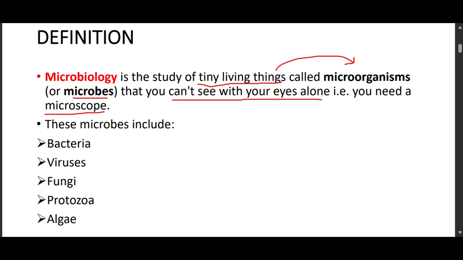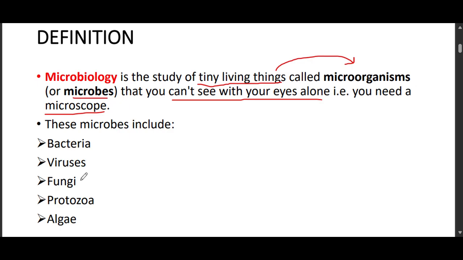Some bacteria can cause disease, while other kinds of bacteria are very helpful. They can help in digestion or in food production.